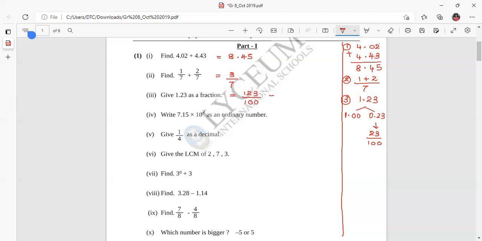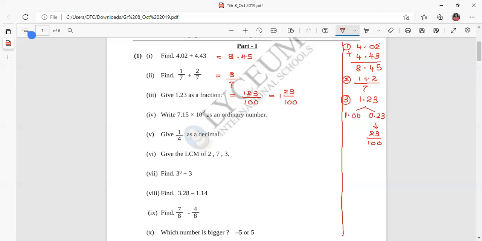Or else you can write it as a mixed fraction like this. If you are not sure about the marking scheme answer, whether I'm going to get the full marks for 123 over 100 and whether I want to convert this into a mixed fraction, you can write both, but they have asked us to write the answer as a fraction, right?